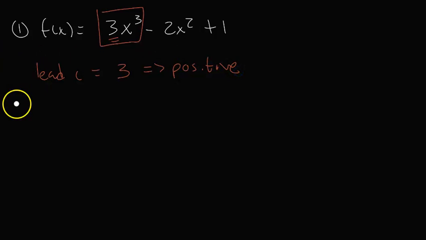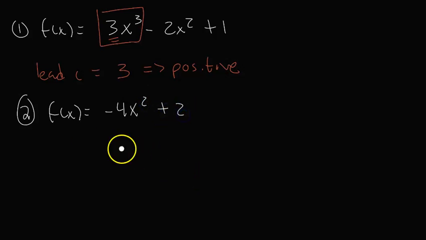Okay, let's try a different example. Let's say that f of x equals negative 4x squared plus 2. Again, we are going to find the x with the greatest power, which in this case is this negative 4x squared.